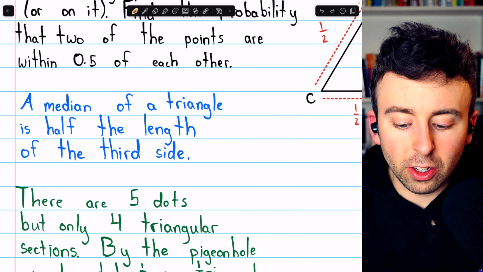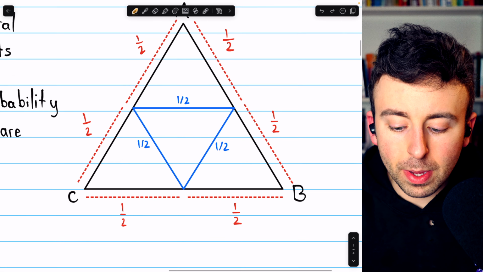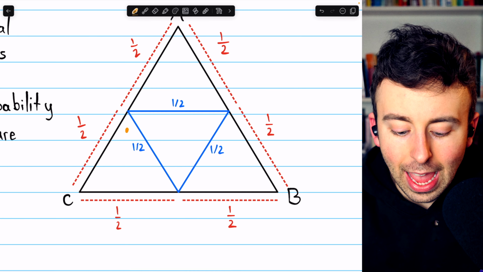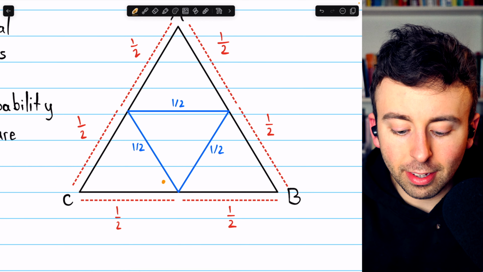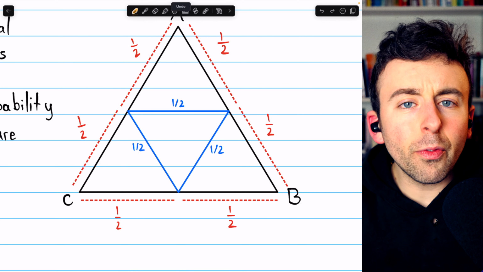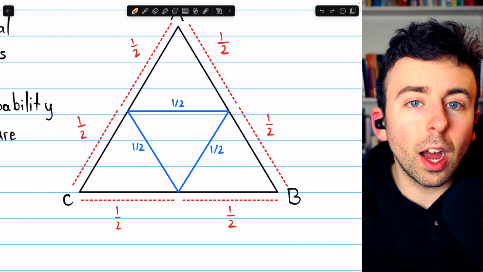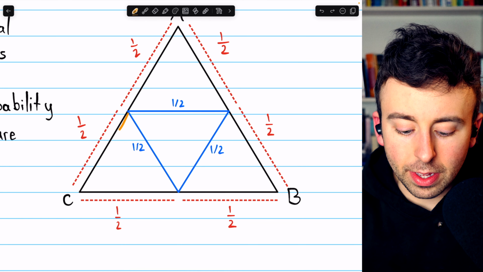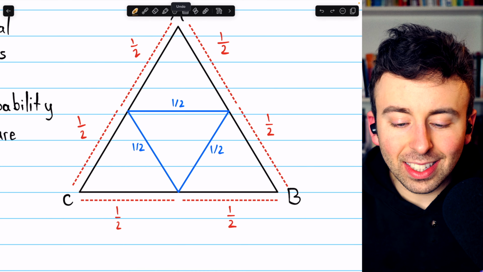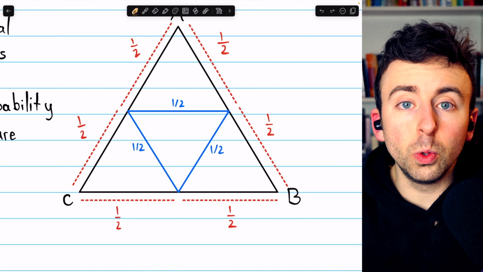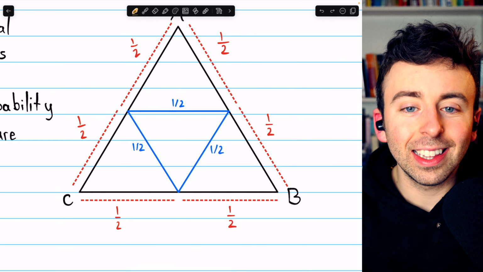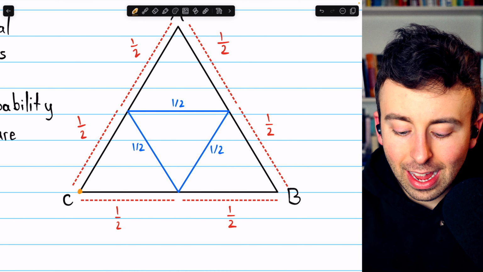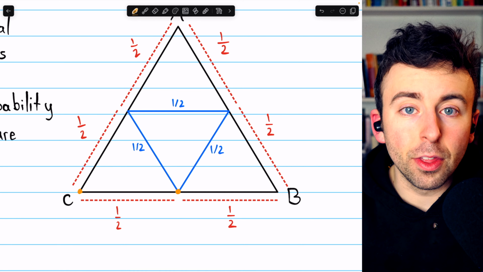Now we've almost finished the argument. We know that there must be at least 1 triangular section with at least 2 dots. And that could happen many ways, but we must ask, what's the furthest apart the 2 dots could be that are in the same triangular section? And looking at one of these equilateral triangles, it's clear the furthest apart that 2 dots in or on this triangle could be would be to have 1 dot on one vertex and another dot on the other vertex.